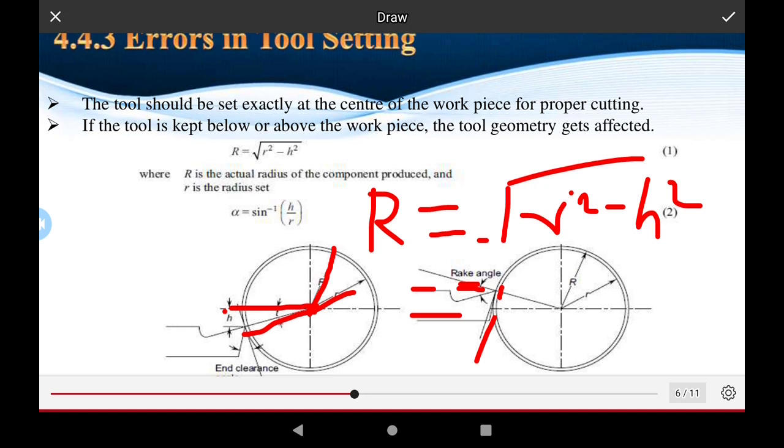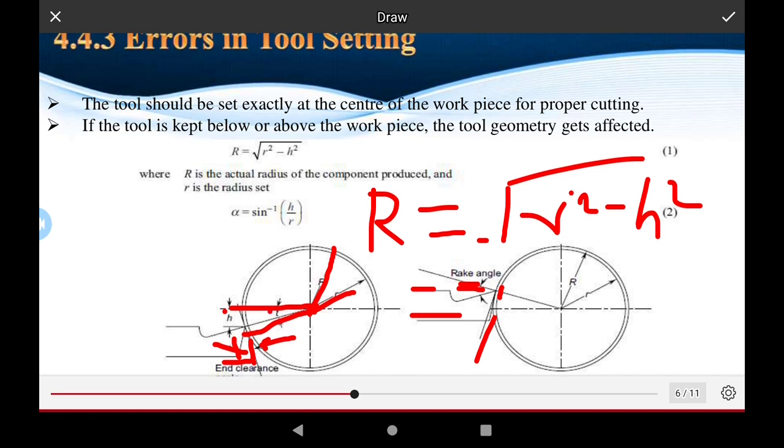H is the face rake angle, and this is the value for the angle, and this is the value for the end of clearance. Okay, all the values are very small, and find out the value of alpha.